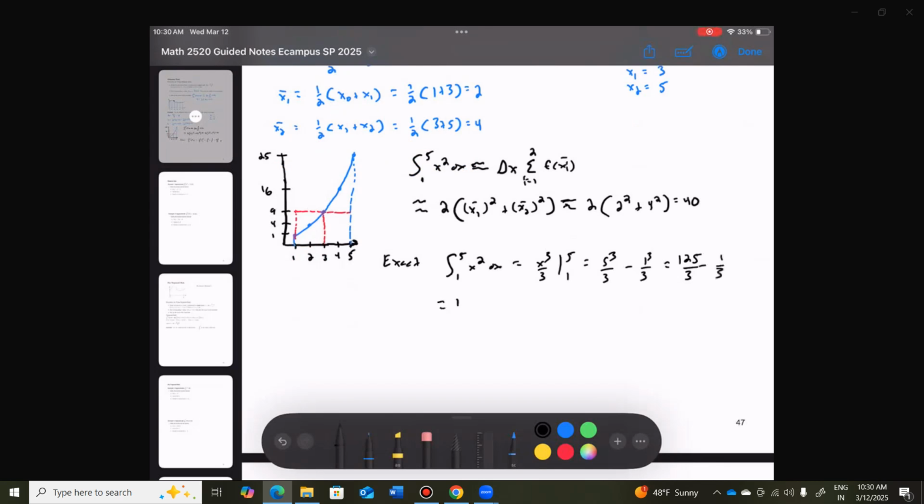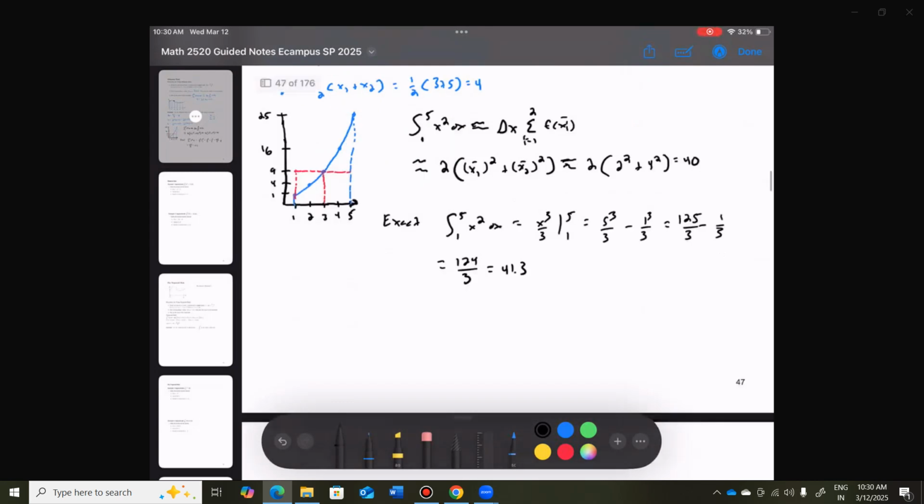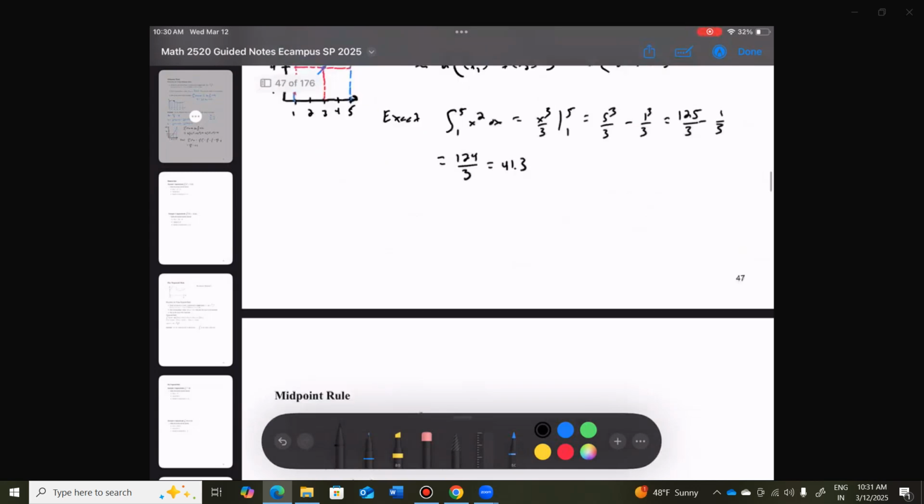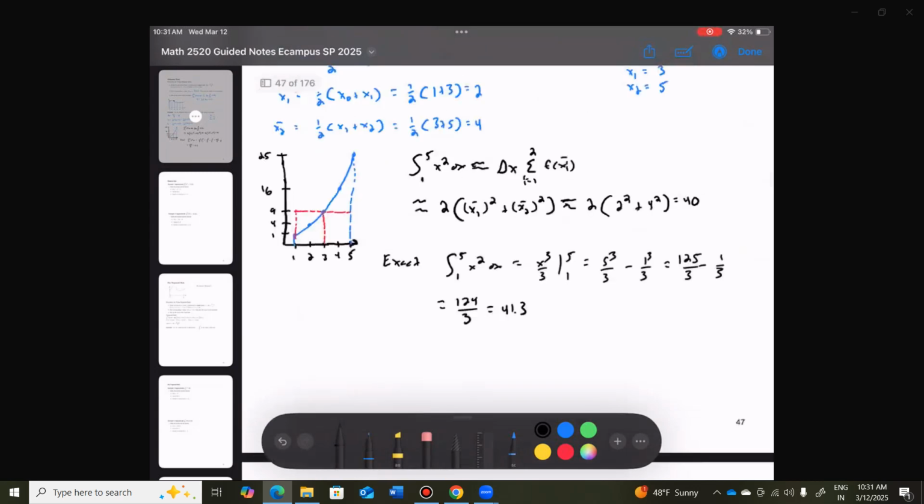That's going to be 124 over 3. And when you divide that, you get 41.3 repeating. Okay. Pretty close to our approximation of 40. And this didn't even use really small rectangles or anything.